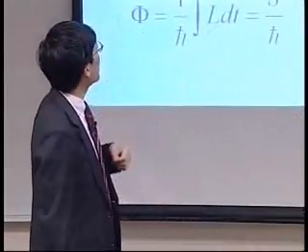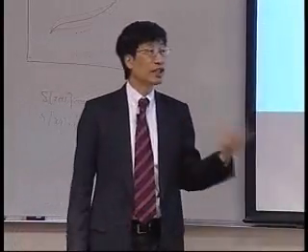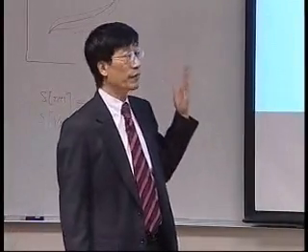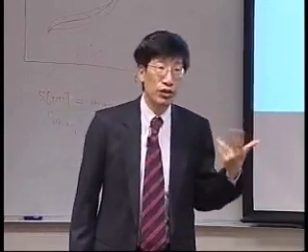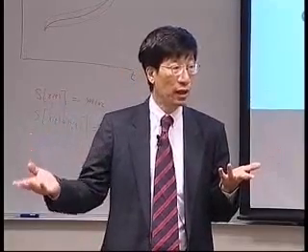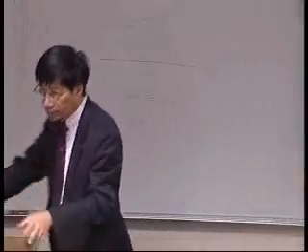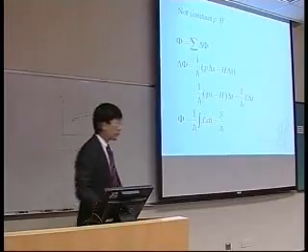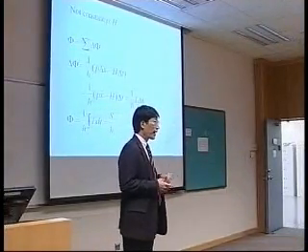So the total phase is the sum of the phase changes along the path, and for each segment of the path, delta phi, the increase in the phase, is (p delta x minus H delta t) divided by h bar. Okay? So just the previous formula applied to short intervals. Now, I pull out a factor delta t from the bracket.